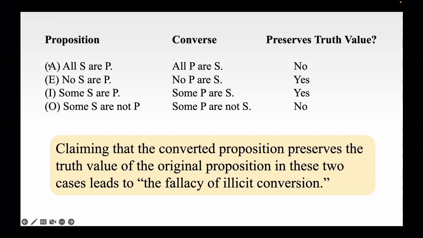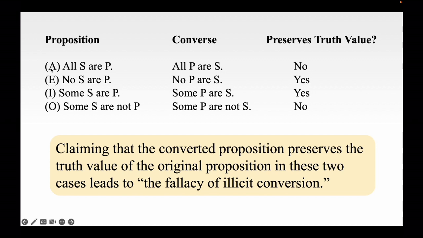Now, to recap what I just said, only in the E and the I form, by performing conversions, I preserve the truth value of the E and the I statements.